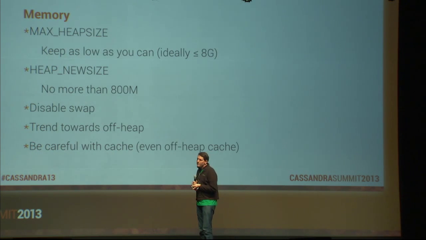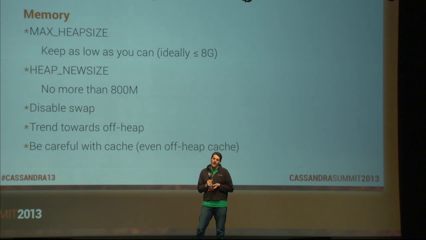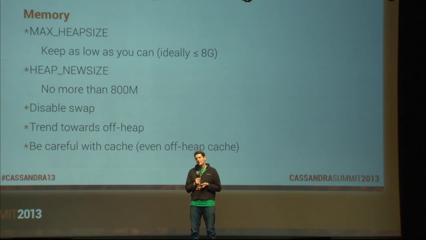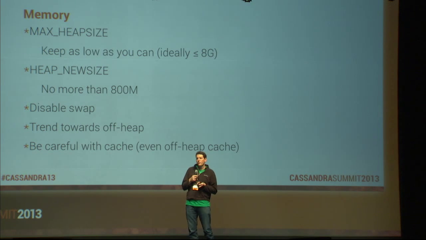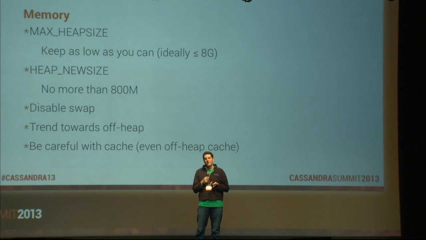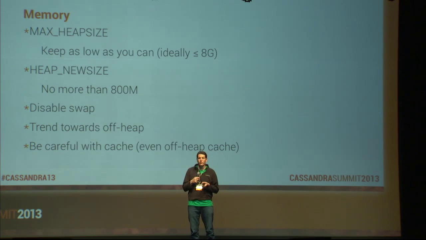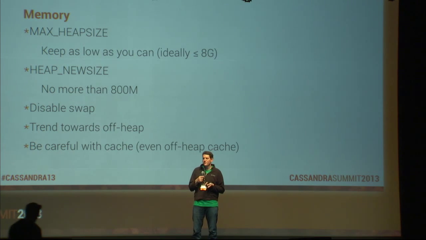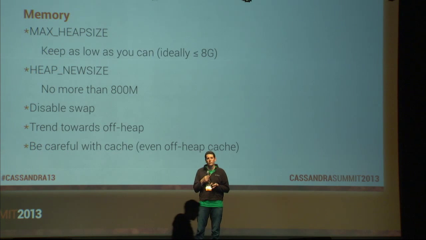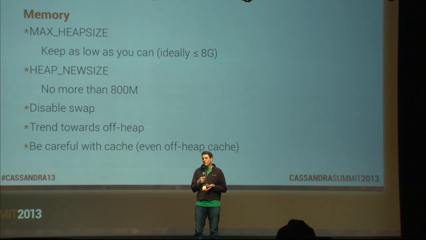Going along with that, for memory, the max heap size in cassandra-env.sh, we recommend people go as low as they can, because GC pauses are going to slow you down. It requires some testing, but generally we recommend that you don't go over 8 gigabytes. Some people can push that a little bit further, but once you get higher, the CMS pauses get to be very noticeable and cause other problems in your system.